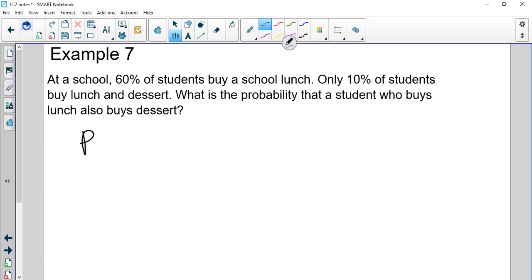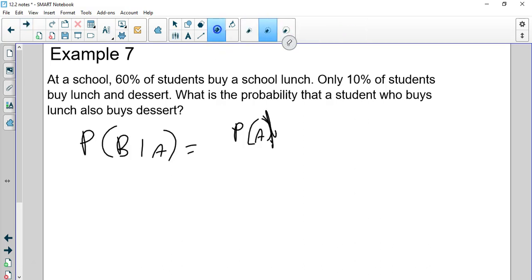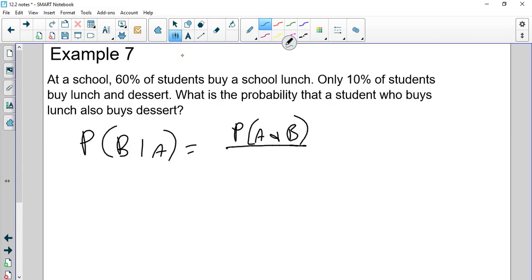Okay, so remember, probability of B given A is the probability of A and B divided by the probability of A. So first off, the probability of students who buy lunch and dessert, both, is 10%, 0.1.